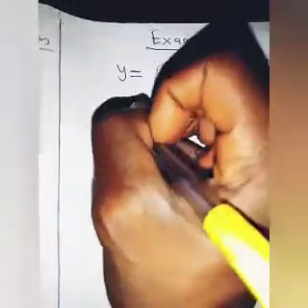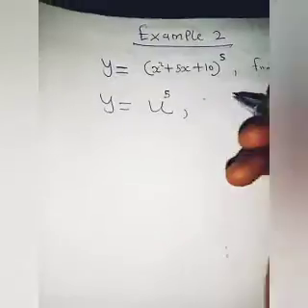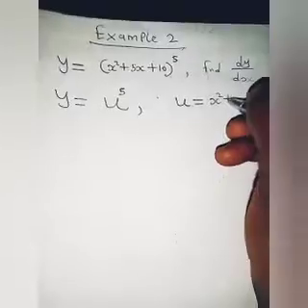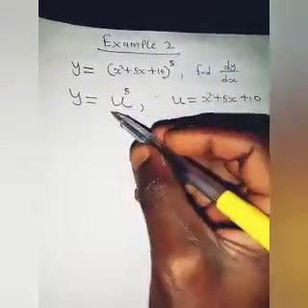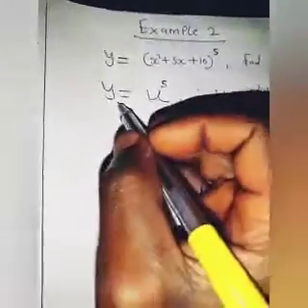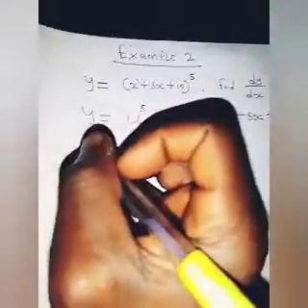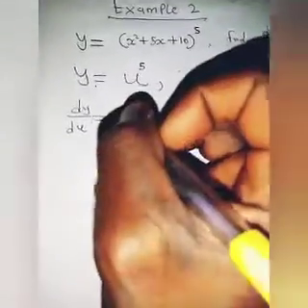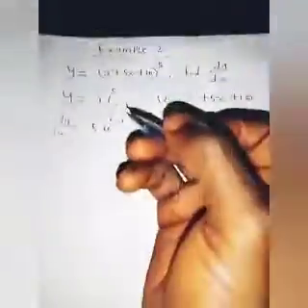So to use that, I'm going to try to rewrite this, so we can write it as y equal to u having power of 5, then we can say our u is equal to x squared plus 5x plus 10. When we take this and substitute, we'll be having this. So we differentiate with respect to u here, we differentiate with respect to x here, so that dy over du we equal to, using power rule, 5 into u, then we subtract 1 from the power.